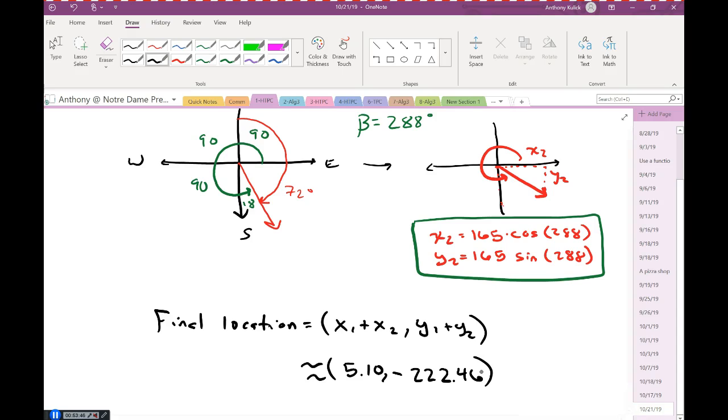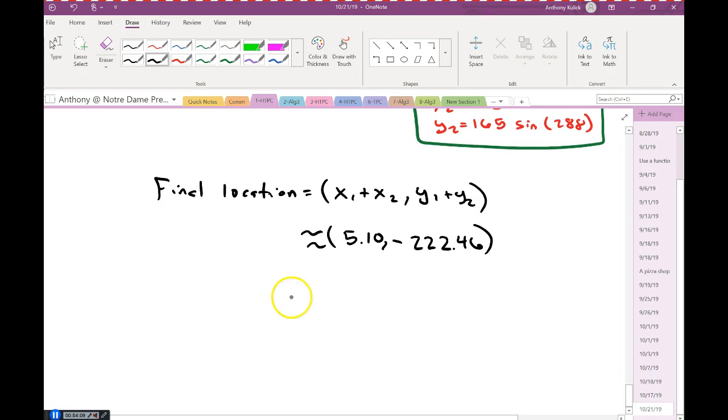So when I do that, I get the point 5.10, comma, negative 222.46. So I just added the x1 and x2 and the y1 and y2.